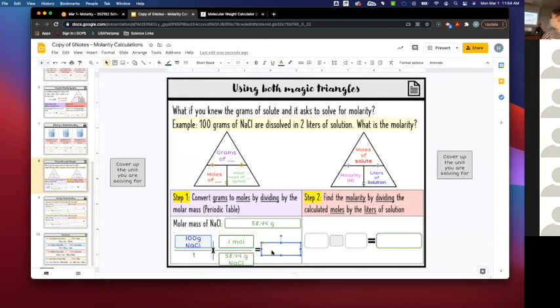Use your calculator, do 100 divided by 58.44. Everybody right now. 100 divided by 58.44. And you should have gotten like 1.7 moles of NaCl.